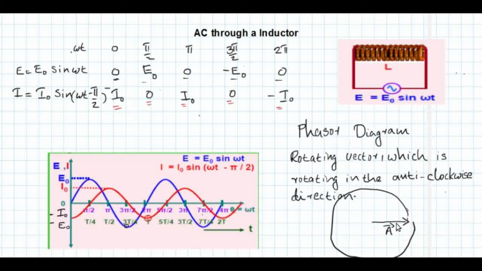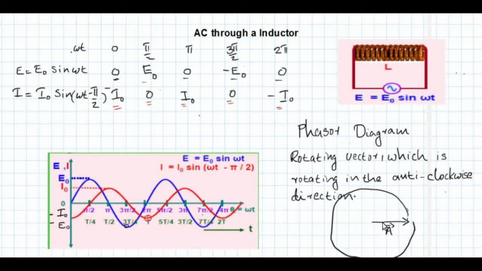When this vector reaches this point, the value of omega t, theta, will be 90 degrees. Then when this vector reaches somewhere here, the value of omega t will be pi, 180 degrees. So this way we can imagine the variation of this vector, right?